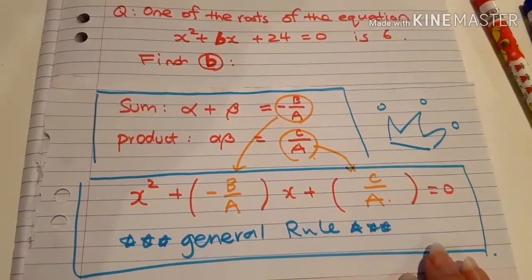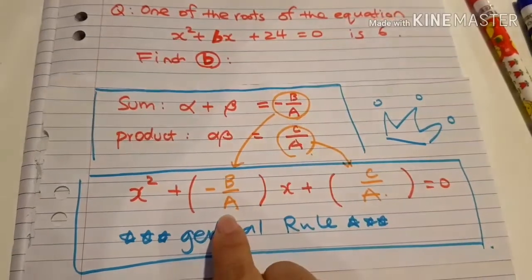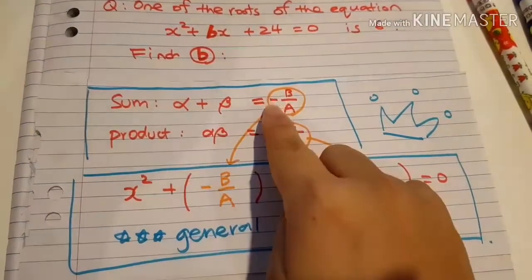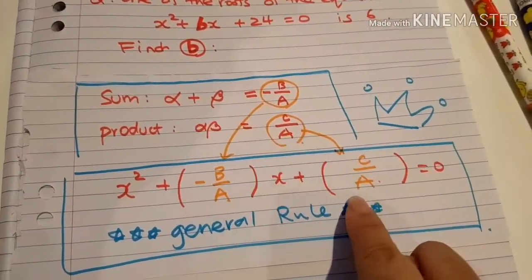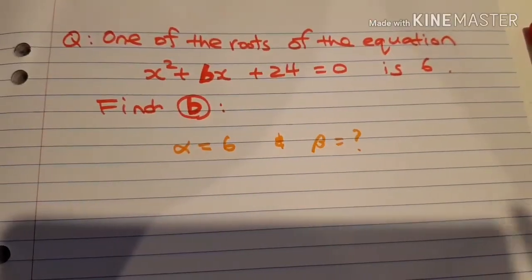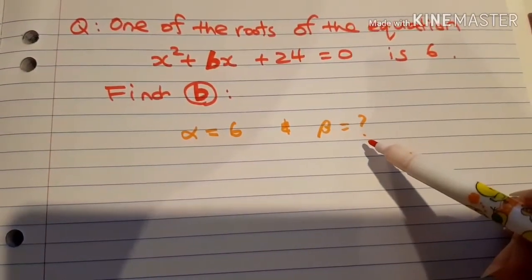Remember this one. The sum of the roots goes here with the opposite sign. We manually put a negative there. And the product of the roots goes over here. So this means I know alpha is 6, but I don't know what beta is.